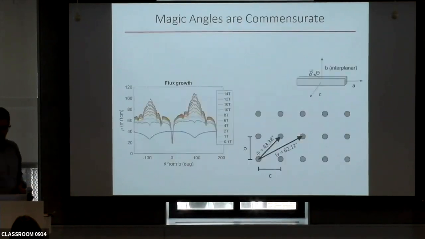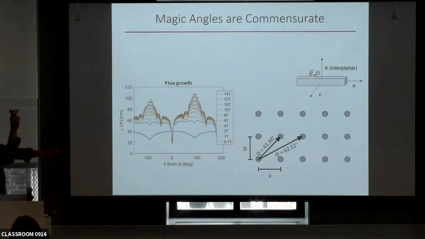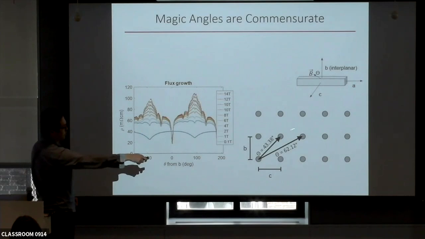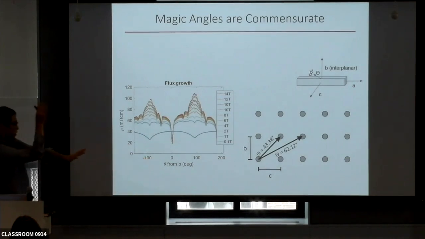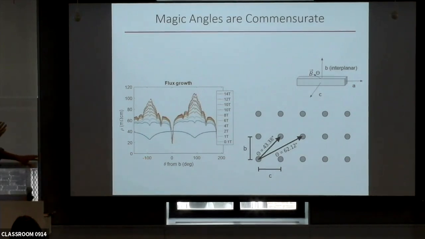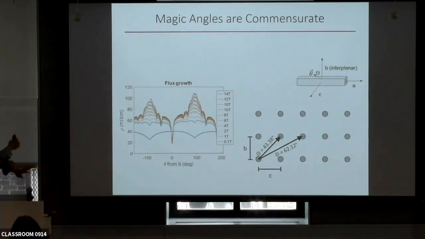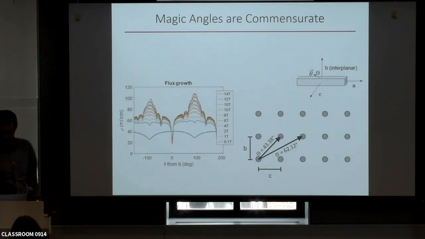So what are these angles? These angles actually correspond to the real space crystal lattice vectors. The first angle, 43.38 degrees, corresponds to the 0.11 of your lattice vector. The second angle corresponds to the 0.12 of your lattice vectors. So they correspond to real space lattice vectors.